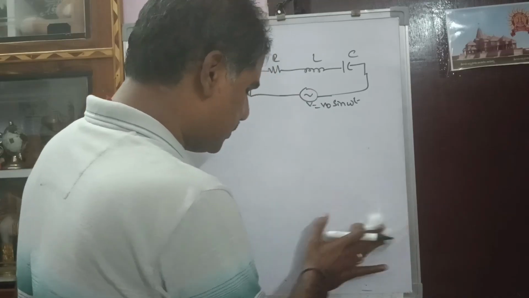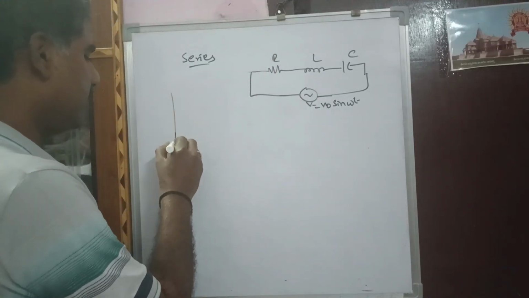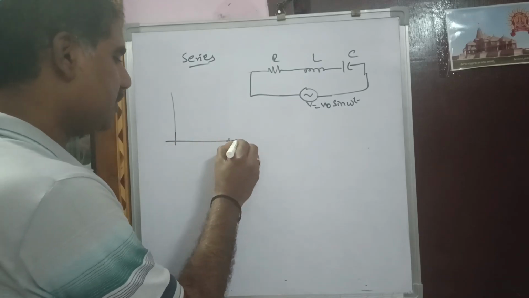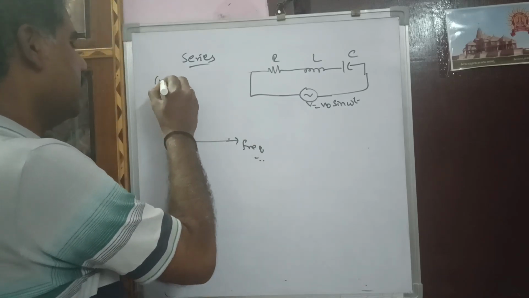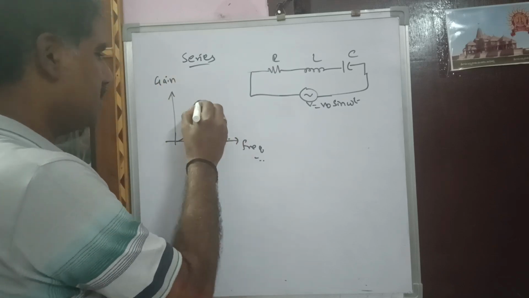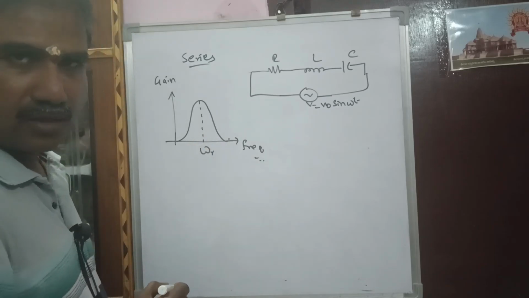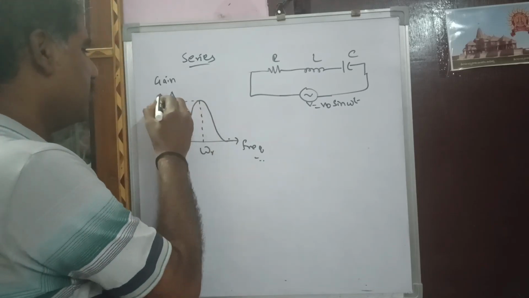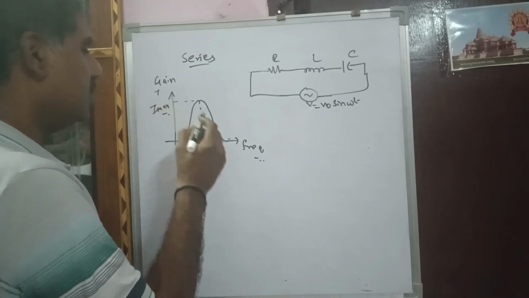I derived the frequency, and the graph can be explained by taking frequency along the x-axis and gain along the y-axis. I obtain a graph like this. This is the maximum gain I am getting, represented as omega r, the resonant frequency. For that, the current will be maximum.